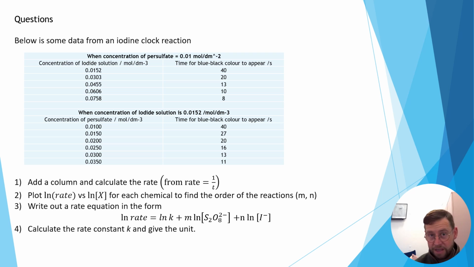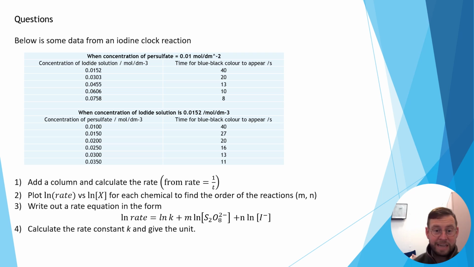So plot that first. And now having plotted that, we need to plot the other one to find out what the other dependence is. So now you're going to need to plot the natural log of the rate versus the natural log of the concentration of the persulfate to work out what the order of that reaction is.